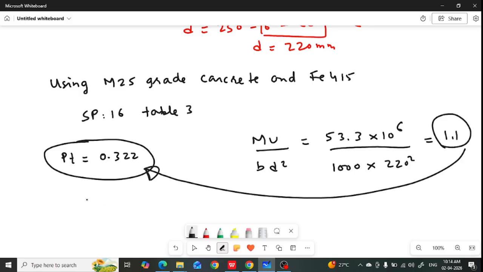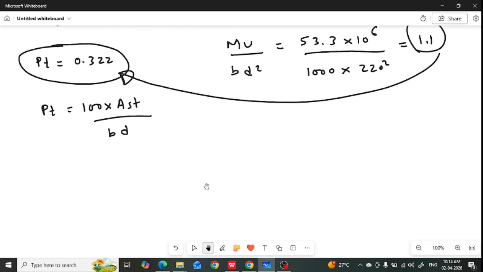So once you get the PT value, what is PT? PT equal to 100 into AST divided by B into D. So you have gotten the PT value. Now you can find AST.